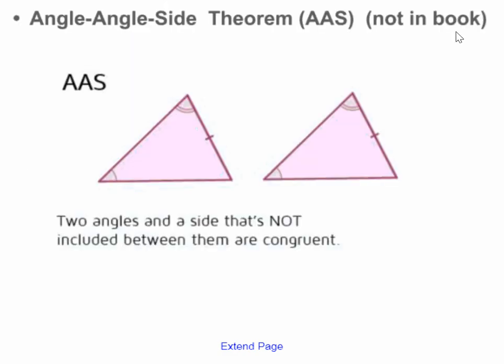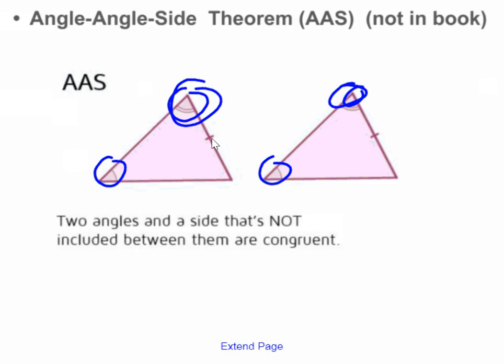This one is not in the book, but it is useful. So it's called angle angle side. So this one is where I have an angle, I skip a side, then I do an angle, and then I have the next side. So I can skip one thing, but I can't skip both things.